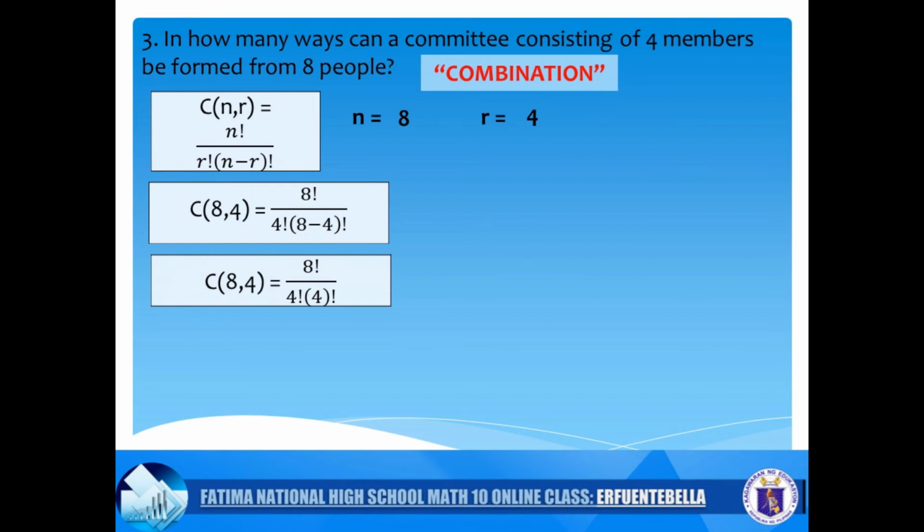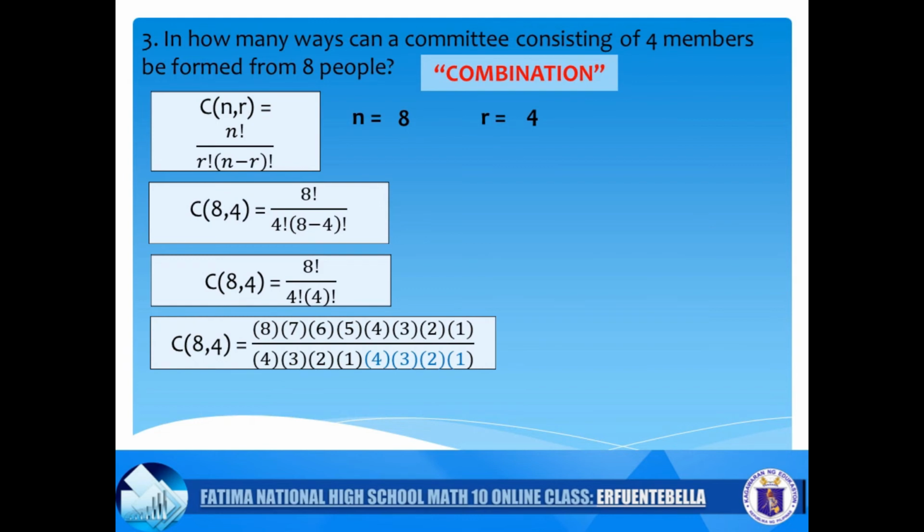So it becomes now 8 factorial over 4 factorial times 4 factorial because 8 minus 4 is 4. So we have this one now: 8 times 7 times 6 times 5 times 4 times 3 times 2 times 1 over 4 times 3 times 2 times 1 and then another 4 factorial, 4 times 3 times 2 times 1. So we will cancel this 4 times 3 times 2 times 1, which becomes 1.